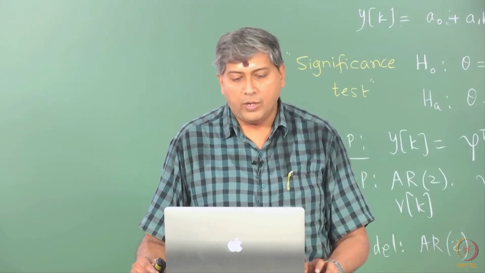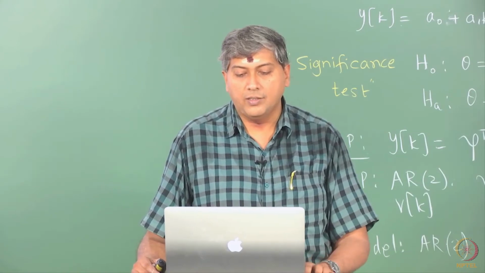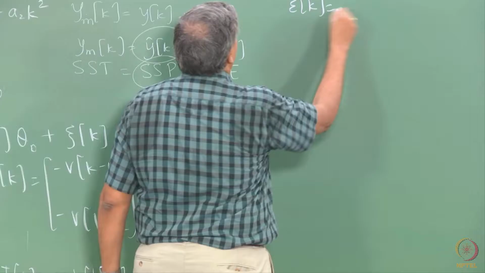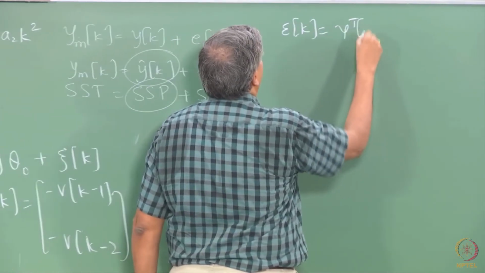So, let us look at the theoretical expression here. The residual is simply Yk minus Y hat of k, there is nothing mysterious about it. We have just rewritten this residual as psi transpose k theta tilde, where theta tilde is the difference between the truth and estimate, plus your equation error. So, you should observe that this epsilon k in general consists of 2 terms.